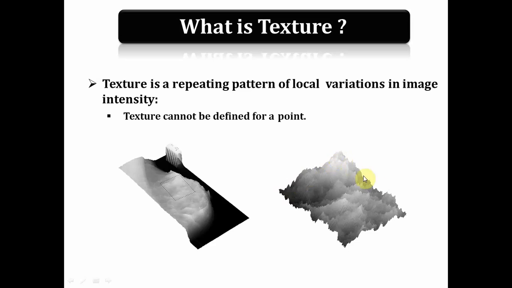You need to consider the accumulation of all the pixels together in order to generate a pattern, and in order to study the pattern recognition or texture recognition. Okay, so texture cannot be defined for a single point. The texture is a repeating pattern of local variation in image intensity.